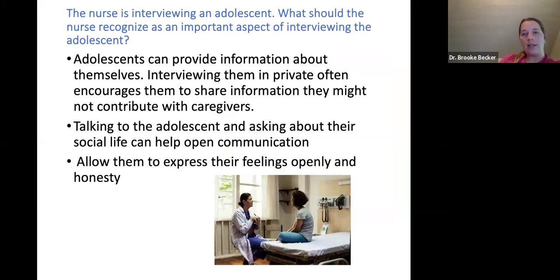So adolescents, they can give you the information about themselves. Parents don't necessarily have to be in the room. It is important to talk to adolescents alone. And it is okay to ask the parents to step out. If the child says, no, it's totally fine, I want my parents in here, they know everything that's going on in my life, then you can allow them to stay in if it's that adolescent's request.